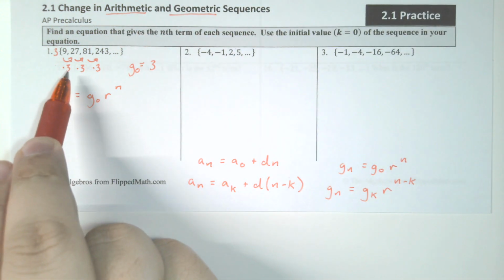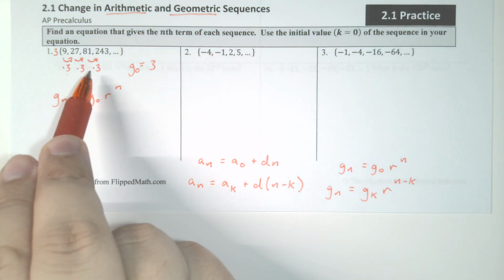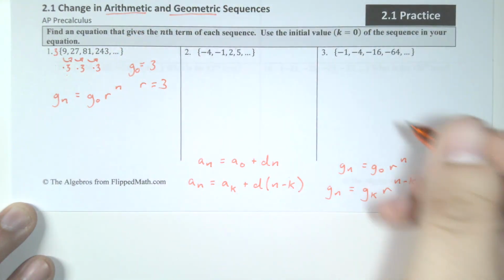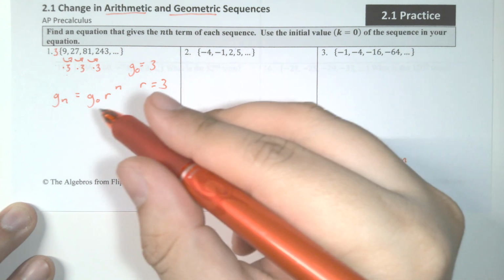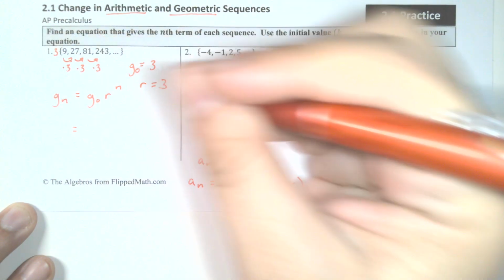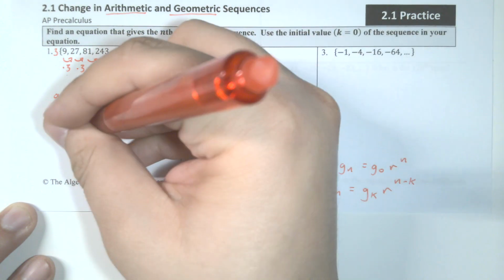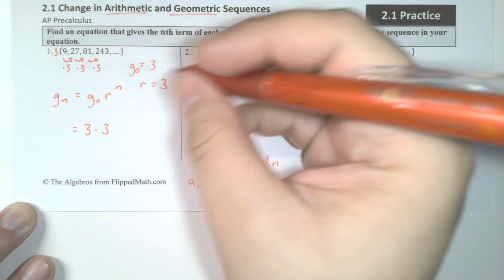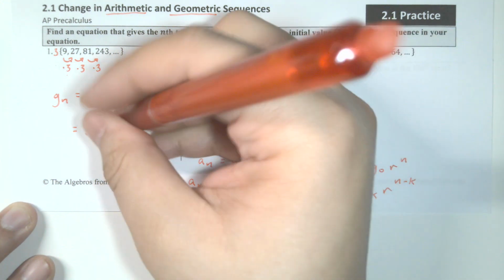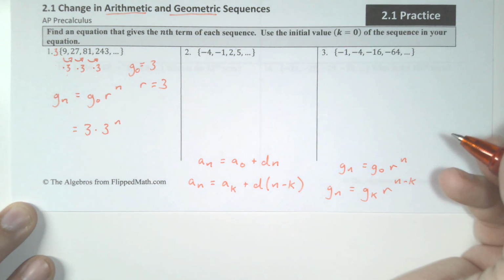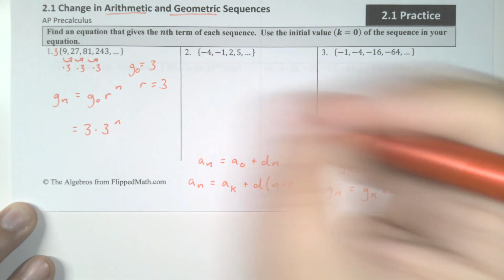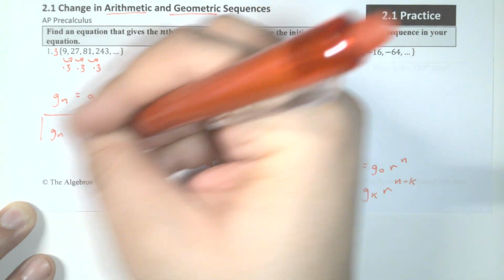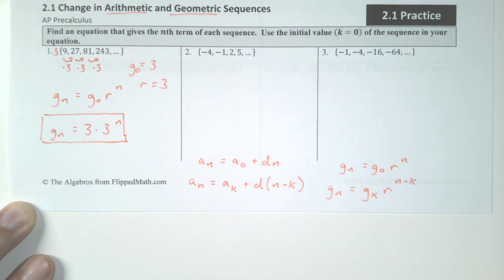And our common ratio is that we're multiplying by 3 every time. So g sub 0 is equal to 3, and our ratio happens to also be 3. Now, just plugging in all of this information, we have g sub 0, which is 3, times our common ratio of 3, and then to the power of n. And so we can leave it like this, g sub n is equal to that, and this is our final answer.